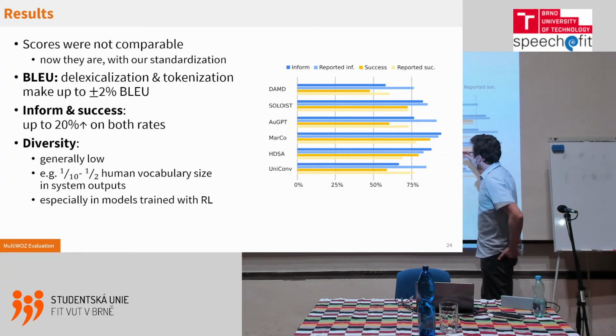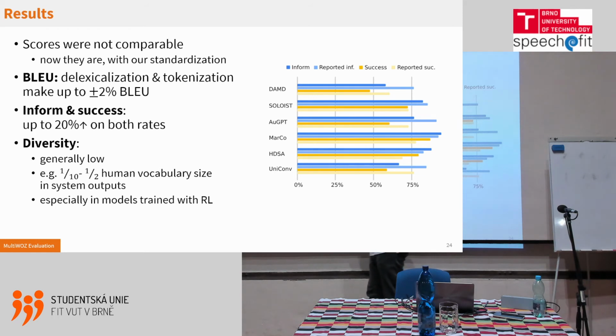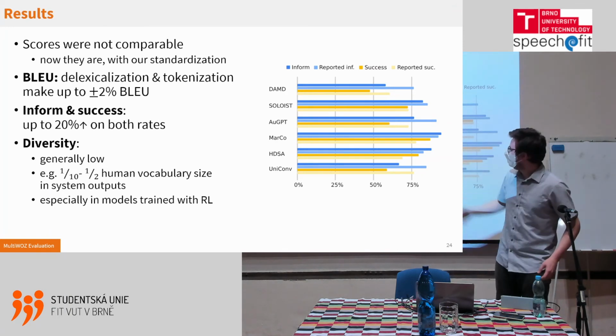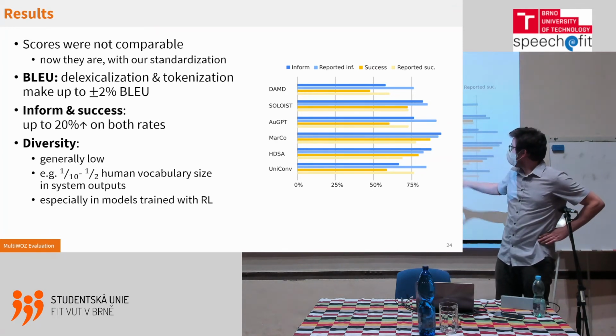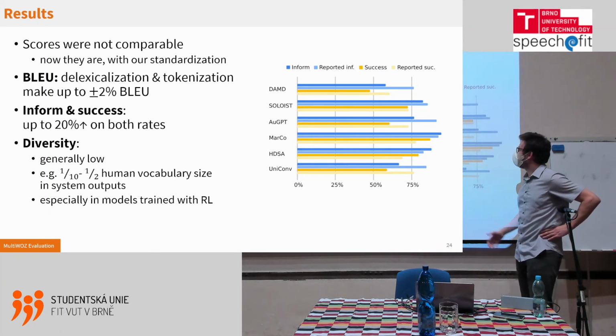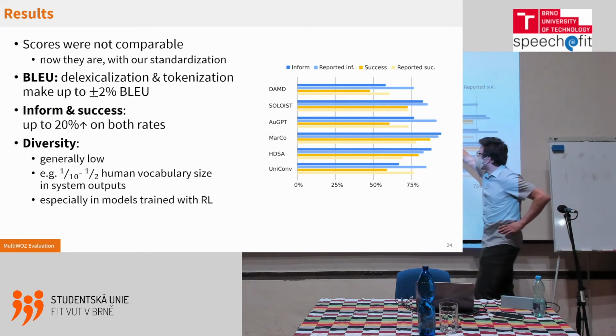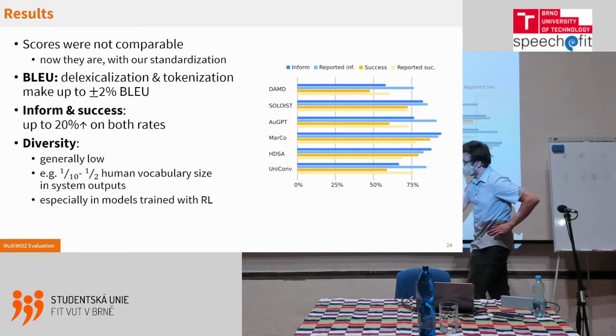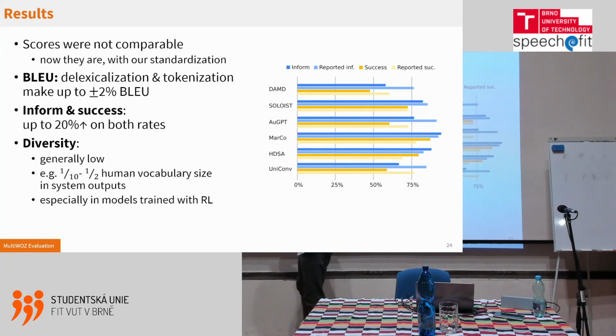For example, especially systems trained by reinforcement learning are using maybe 10 times smaller vocabulary than humans. There are many more results to this, but the point is that most systems are, as I said, kind of repetitive in their replies. I would say that in that case our system is doing quite well, but it still cannot match humans. So this one is basically our system, and one other that is kind of similar.